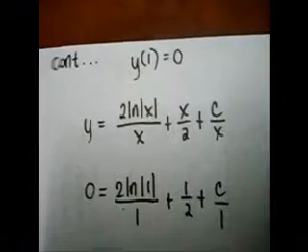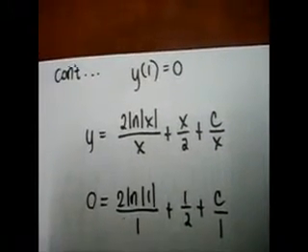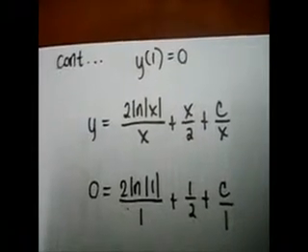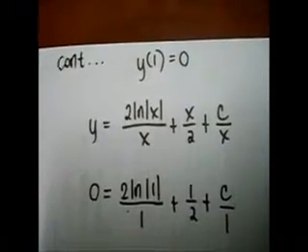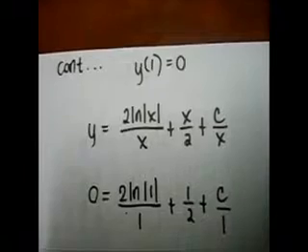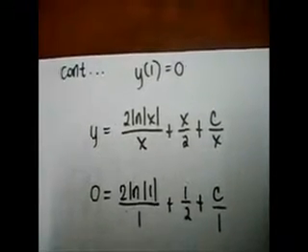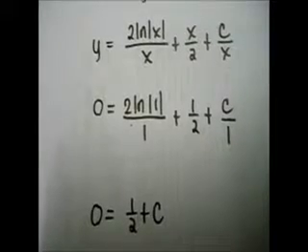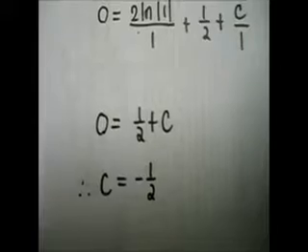So we have 0 is equal to 2 ln of 1 over 1 plus 1/2 plus c over 1. So 2 ln of 1 is just equal to 0. What remains is 0 is equal to 1/2 plus c. So c is just equal to negative 1/2.